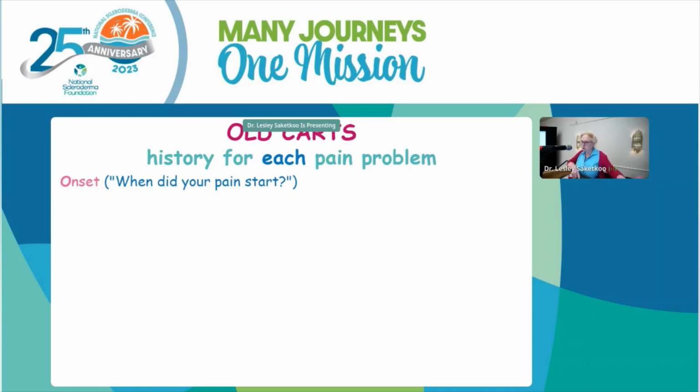So, when did it start? You will have already done this work ahead of time, right? You're going to notice different types of pain. You might notice an intense pain in your wrist at night, but when you're walking, you might have a heaviness in your chest. That's a different type of pain.